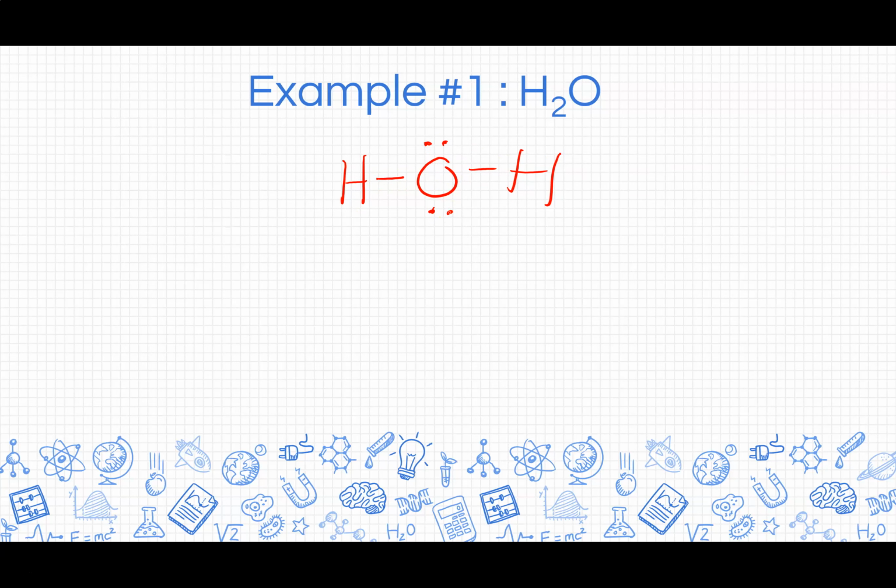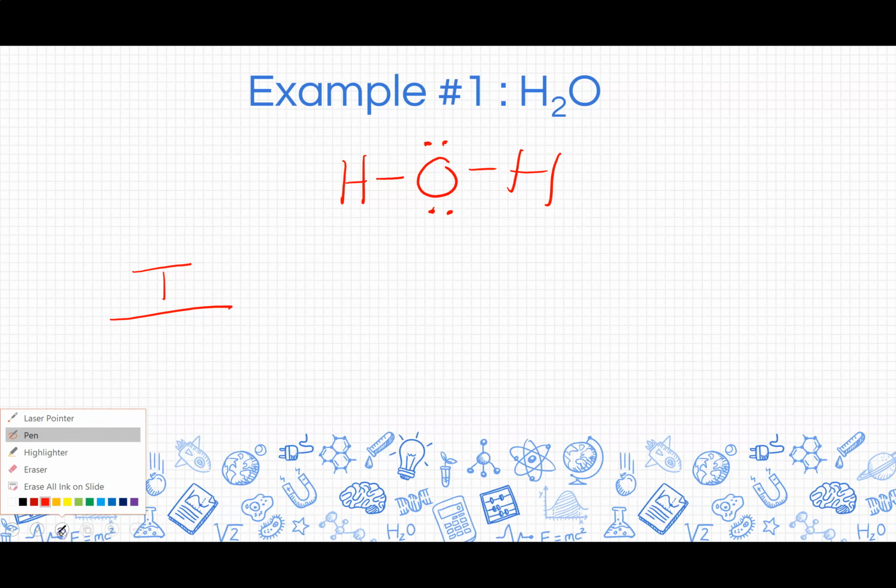Cool. I notice immediately that my steric number, which is my total bonding sites, my total pairs of electrons around the central atom, is going to be 1, 2, 3, 4.